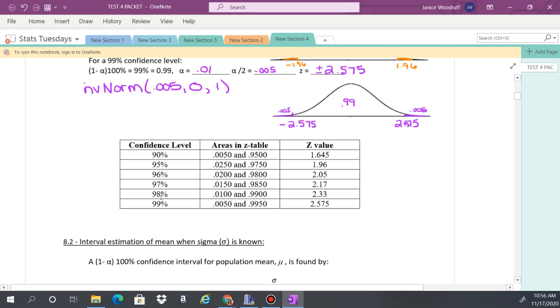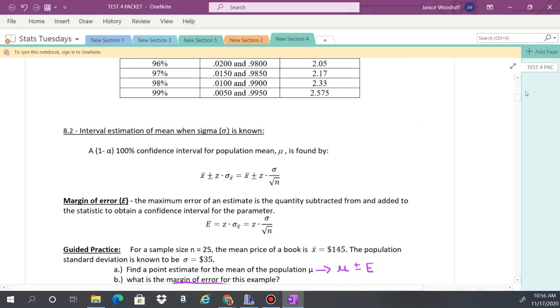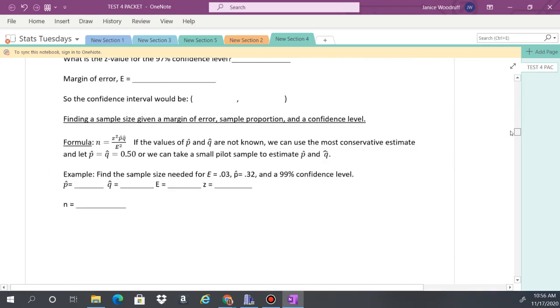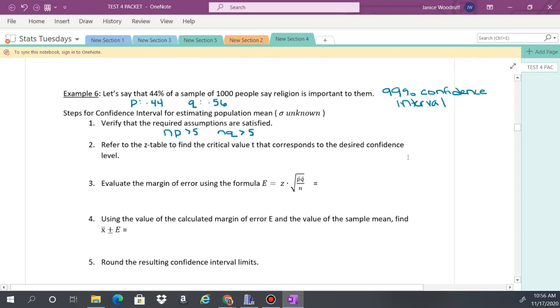Okay, so you should be able to do most of them with these confidence levels. There might be a couple problems on your homework that have some odd confidence levels, but as far as your test, you're going to see these ones. All right, so we had that as 2.575.